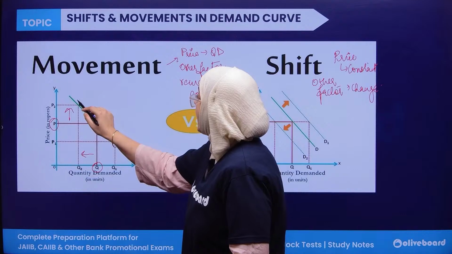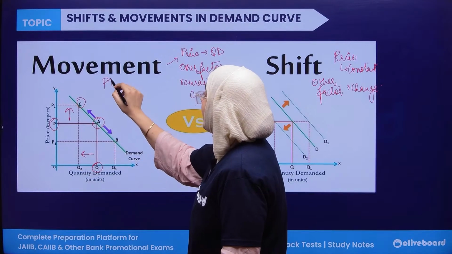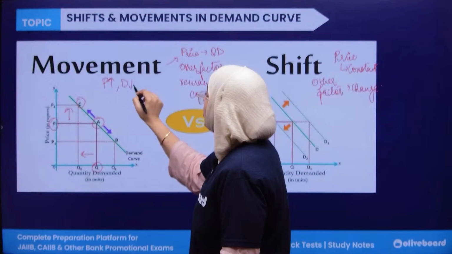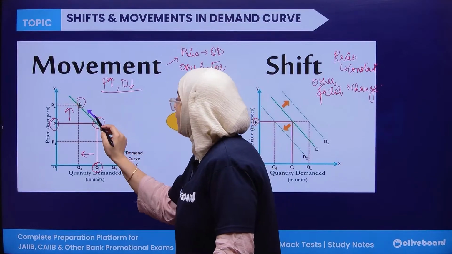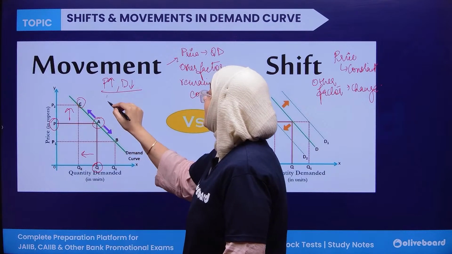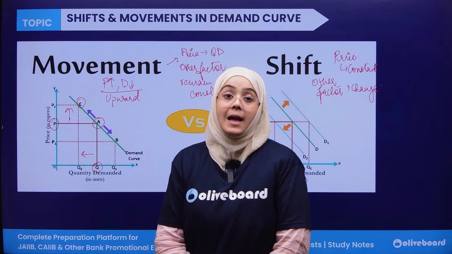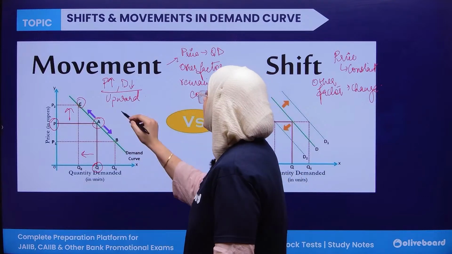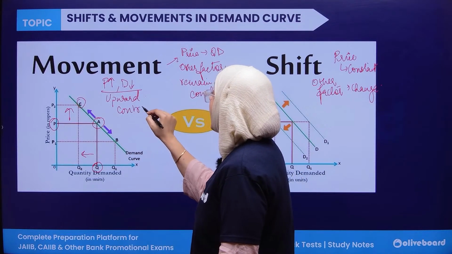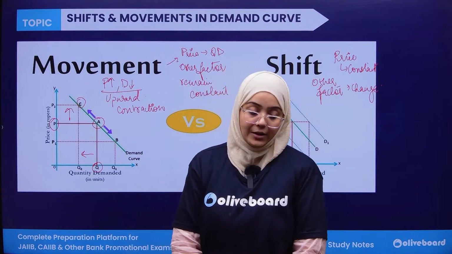And so we are in position C. When price goes up, demand will go down, and we move to position C, from A to C. Means there is an upward movement of the demand curve, and this is known as contraction of demand.